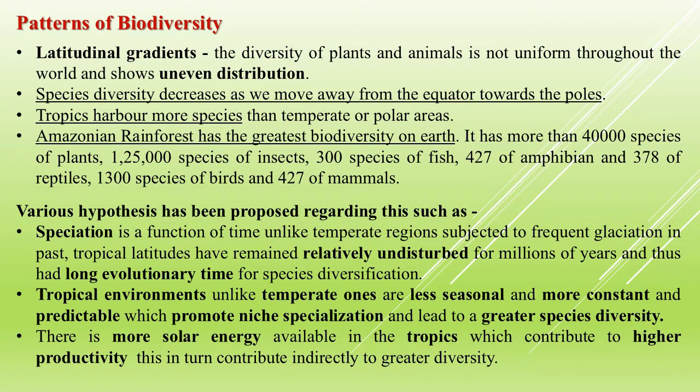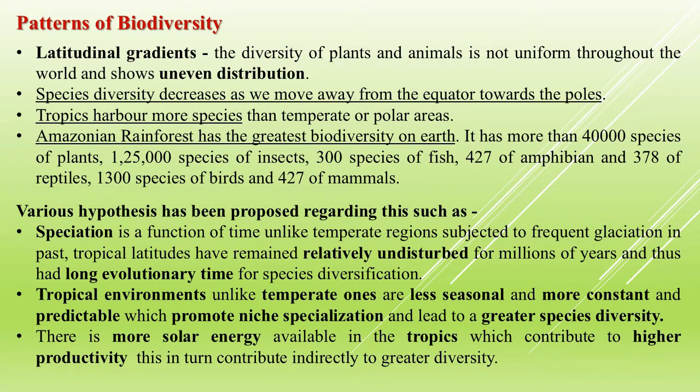Colombia is located near the equator, and we find species diversity of about 1400, that is 1400 species of birds are available. New York is located at about 41 degrees north, and here we find 105 types of species of bird.